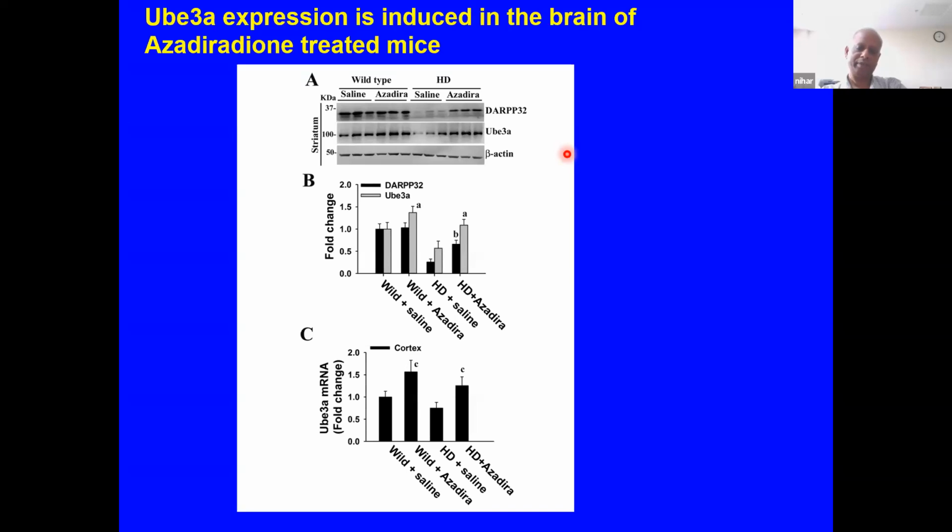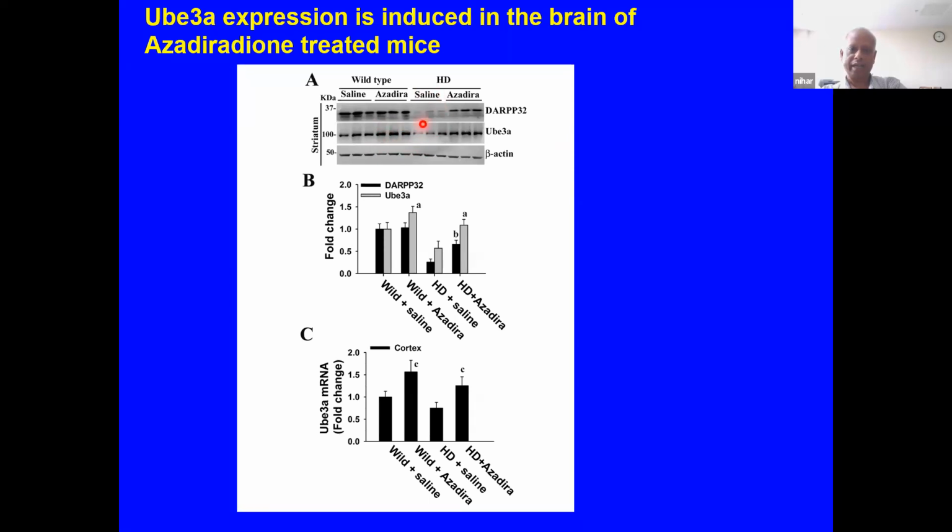Actually, this was first demonstrated by the Bose Institute group. And then we looked at this drug when you inject it in normal mice. You see here, the first three are control mice, and the next three mice are drug-treated mice. You could see almost double the expression of this ligase.